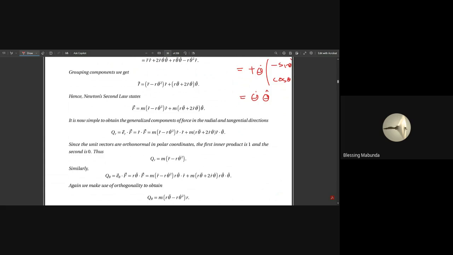What we have here, our sum of forces is equal to mass multiplied by acceleration, and this is r double dot. So you just sub in these terms in there. If you take out m here as the common factor, this just goes back to how it was before.